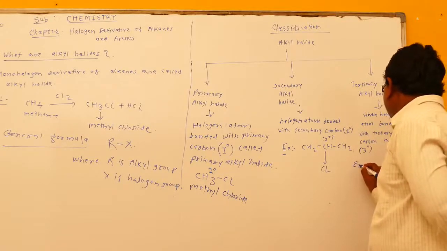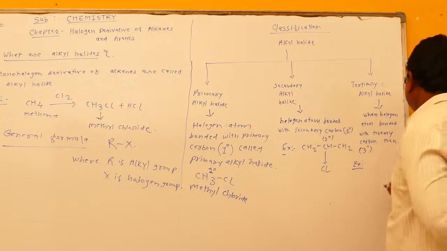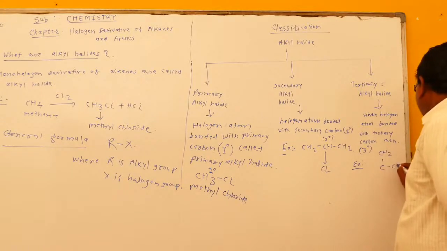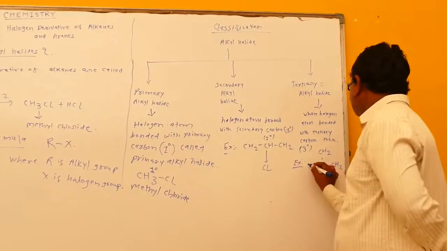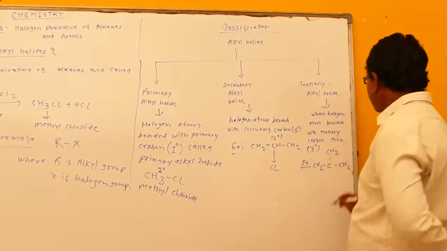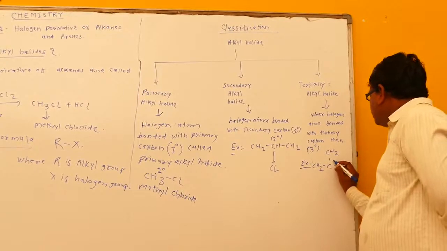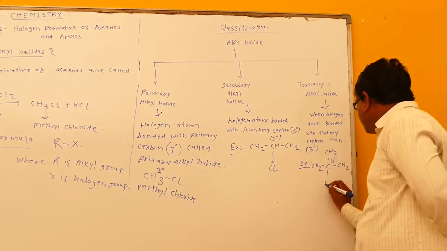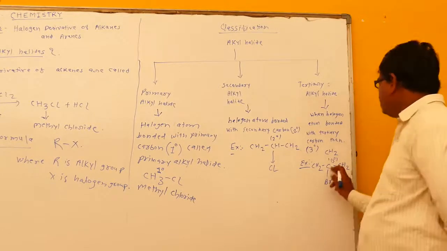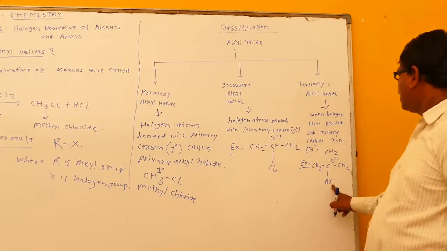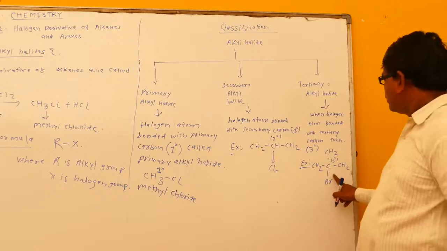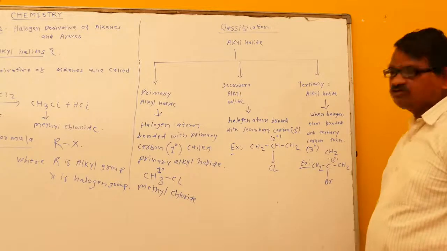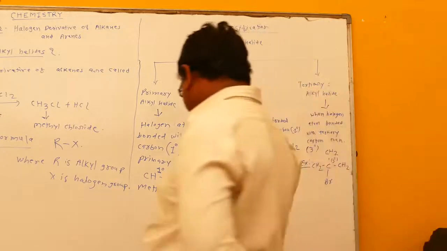Example: CH2, CH2. Now here this carbon atom is 3rd degree, and if the halogen atom is attached to that carbon, then the compound formed is called a tertiary alkyl halide.